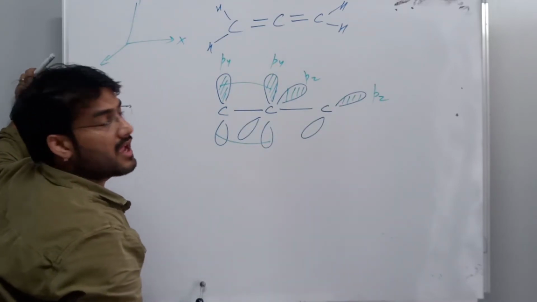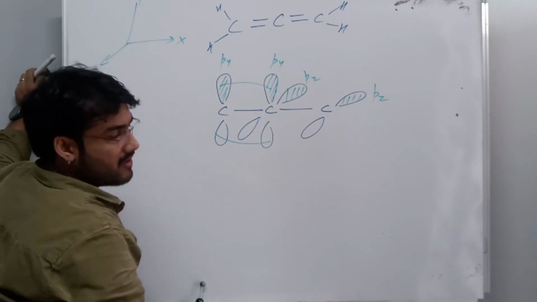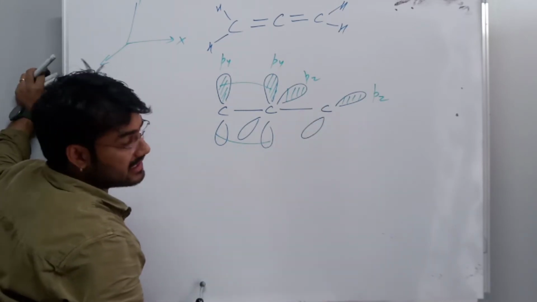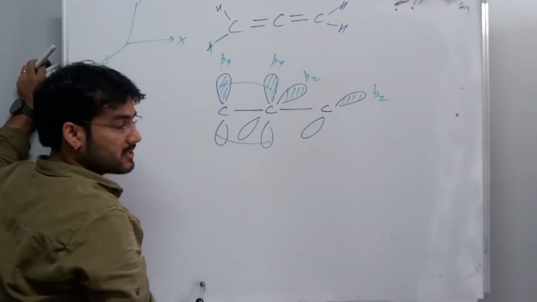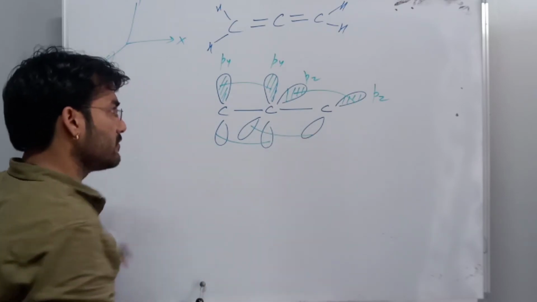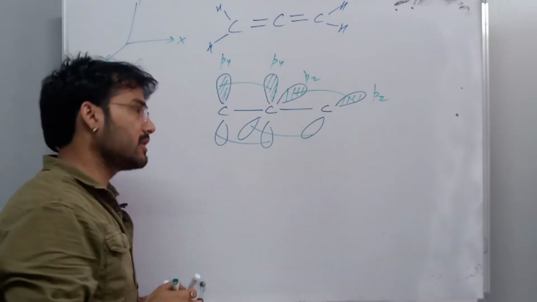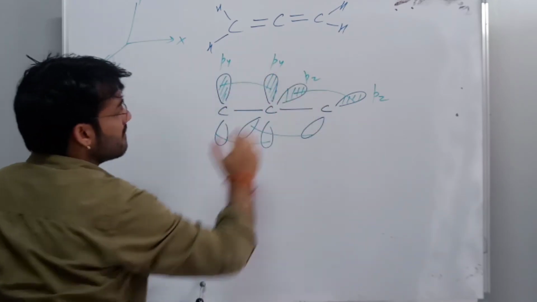That's why I have to take another p orbital of the central atom for forming a pi bond with the other terminal carbon atom, which in this structure is on the right-hand side. So I am forming the pi bond here. As you know, all p orbitals are perpendicular to each other.